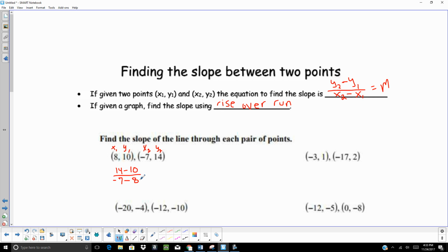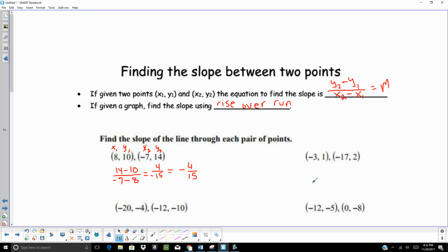I want to be very careful of signs here because it's really easy to make a mistake. 14 minus 10 is 4. Negative 7 minus 8 is negative 15. It's kind of awkward to leave that negative sign down in the denominator, so I would just usually put it out in front. Negative 4 over 15.